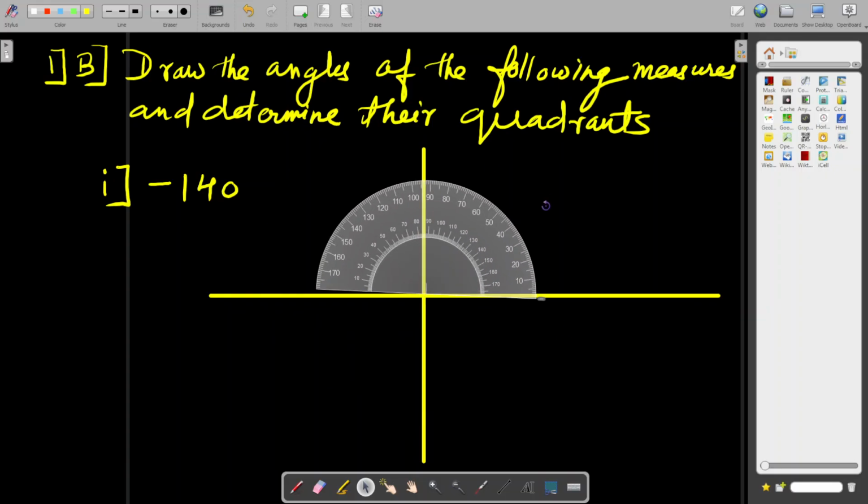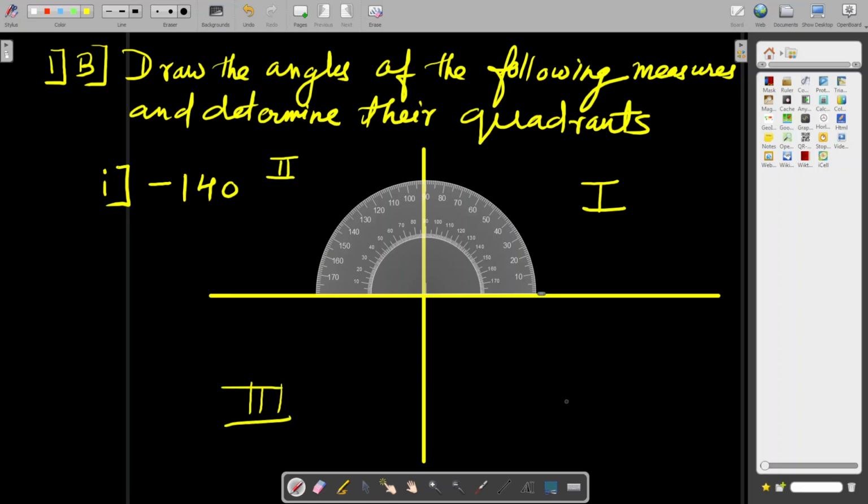So here I will tell you what the quadrants are. This is the first quadrant. Here is your second quadrant. Here is your third quadrant. And here is your fourth quadrant.